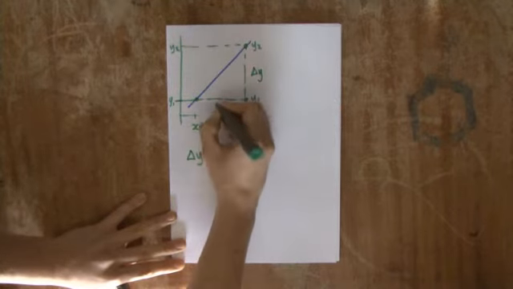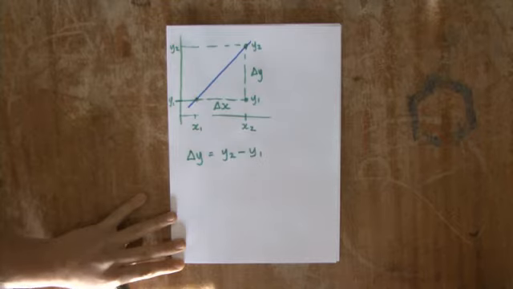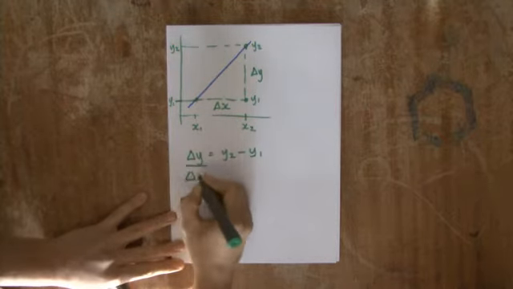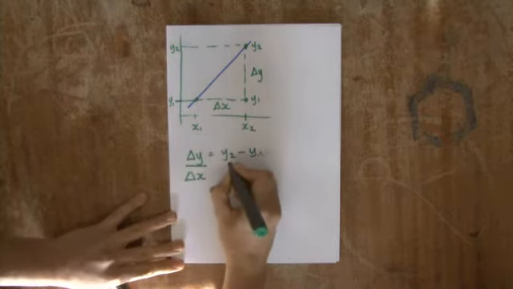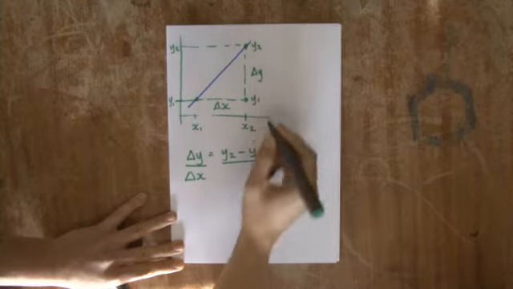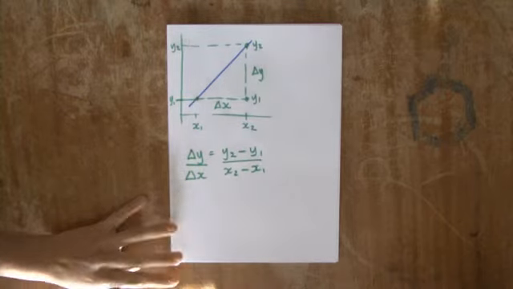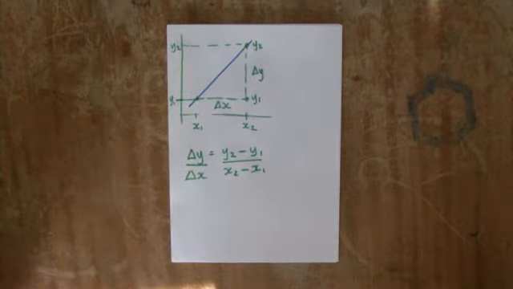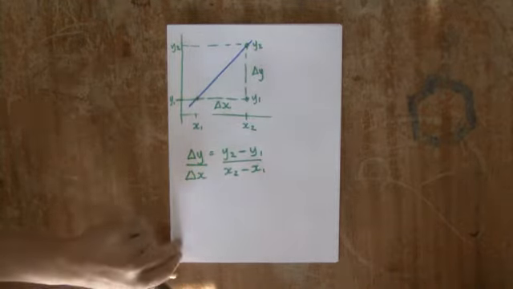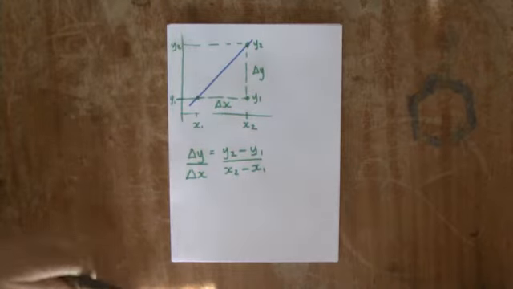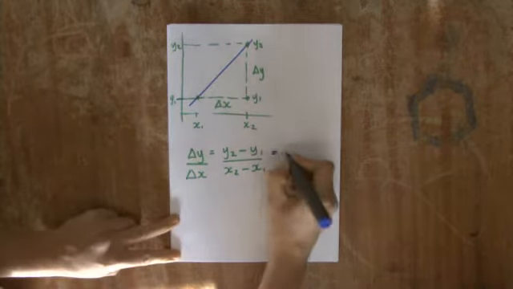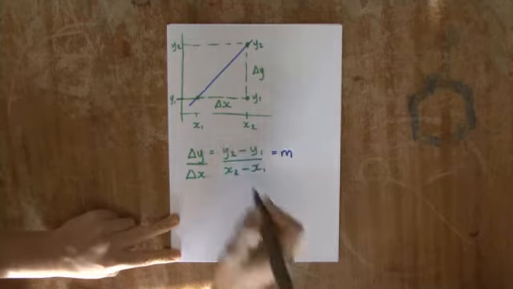And we need to divide that by delta x, the change in x. So this is just as you have for y, we do x2 minus x1. Now there are lots of y's and x's going on there, so what we'll do, we'll actually apply it to some numbers. But this is the equation that you want. So this is equal to m, your gradient.